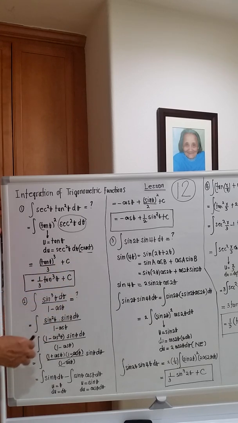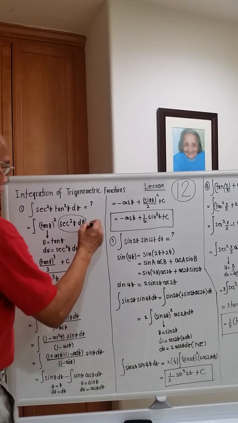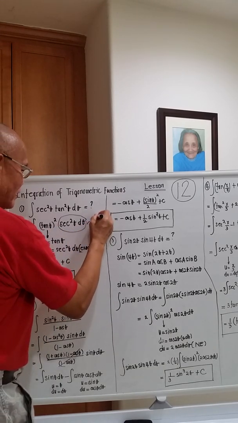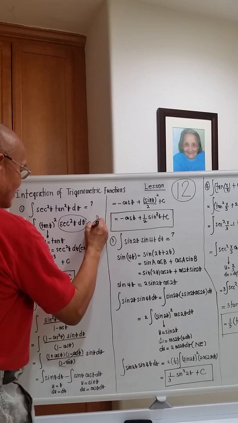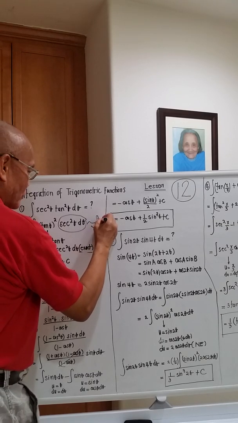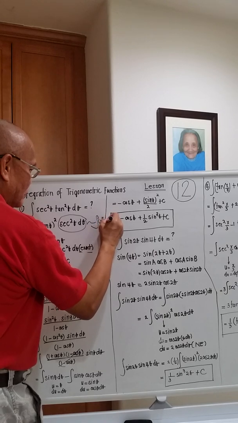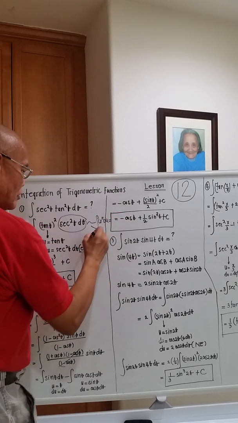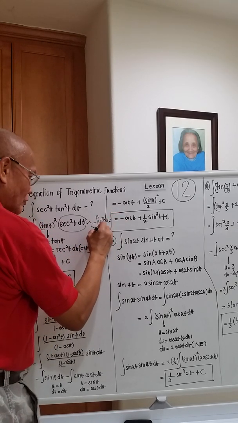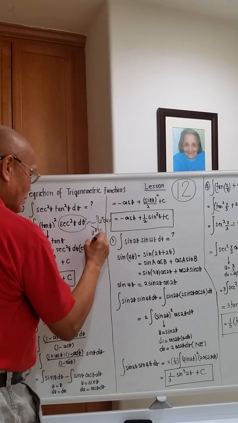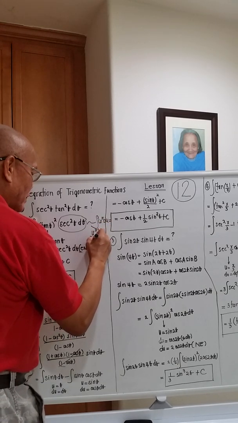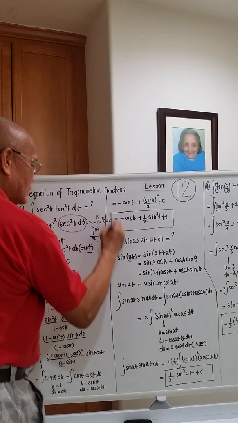It is exact. So this is actually similar to the integral of u to the n du, which is equal to u raised to n plus 1 over n plus 1 plus c.